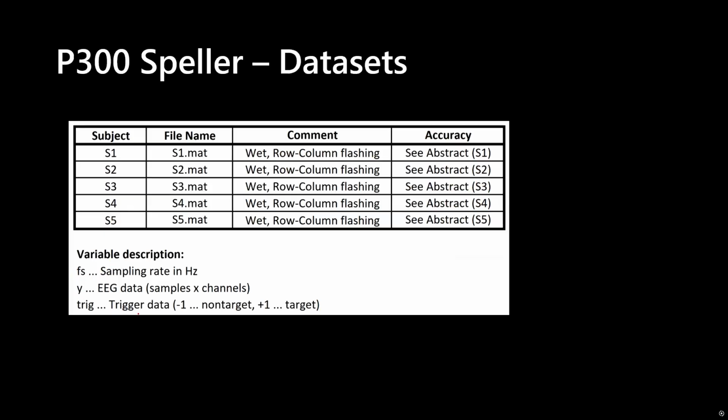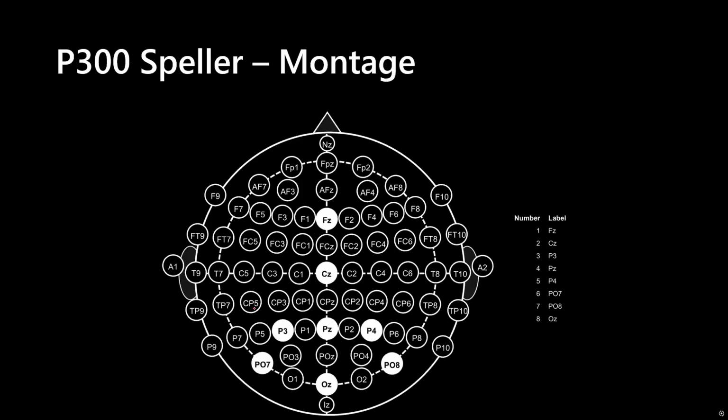EEG data, trigger. In this case, we have a little bit of a different montage, as you can see. This montage is mostly focused on the visual cortex back here, but the CSET and FSET channels are also being used. Why are they being used?